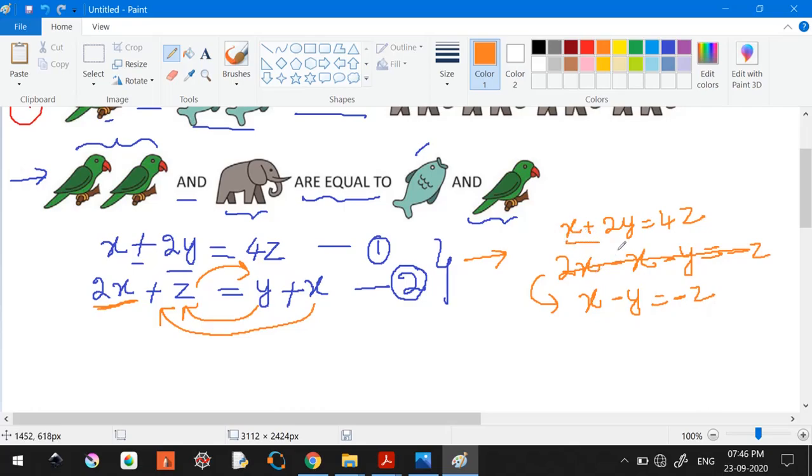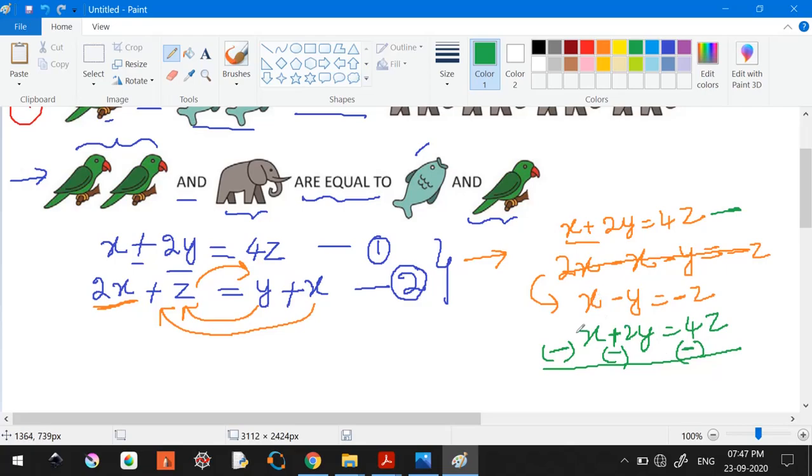So let me write down here again this one, first equation. X plus 2Y is equal to 4Z, right? Now if you see, this has plus X, this has plus X. So if I deduct both of them, signs will change: this will become minus, this will become minus, because this is plus. So here also it is plus, means it will become minus now.